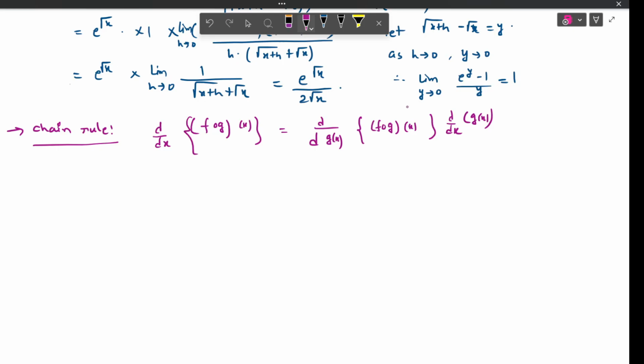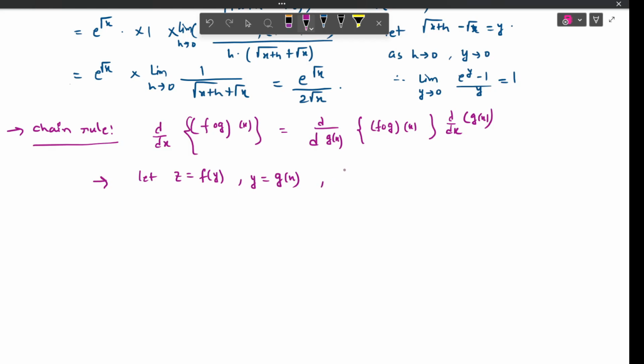Okay. Now we can conclude that, let z equal to f of y. Z is a function of y, and y is a function of x.